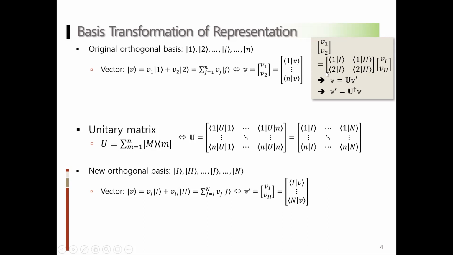We can also say that these values are actually the matrix representation of this abstract unitary operator in the original orthogonal basis. When you are trying to figure out the matrix element of the operator in the given basis, these are the formulas you use.